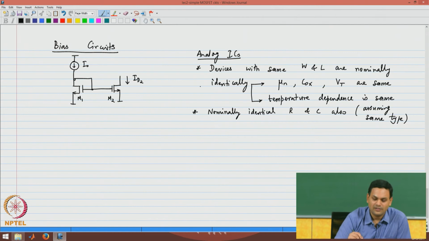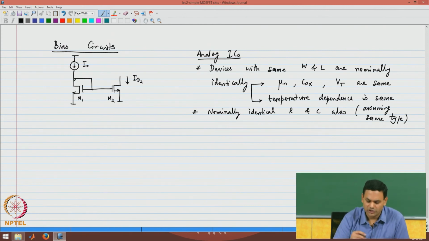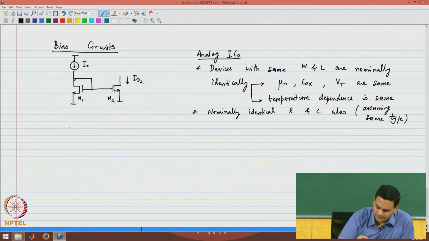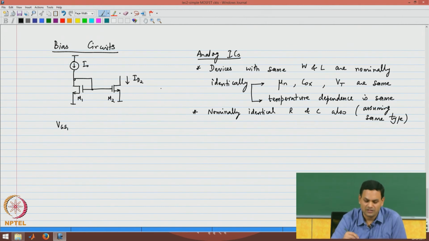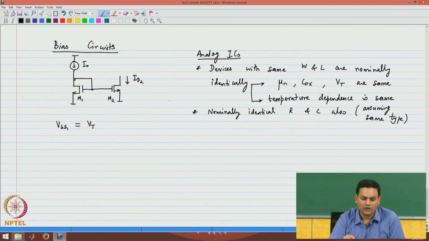To do that, we need to find out the gate source voltage. Note that both the devices M1 and M2 have the same gate source voltage, and let us say that voltage is VGS1. VGS1 can be figured out for the first device through its current voltage relationship.